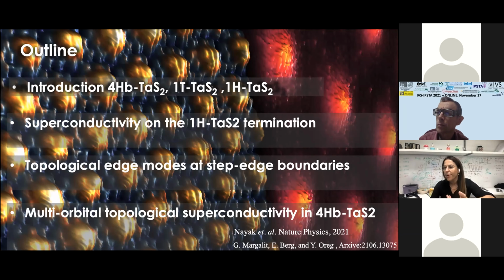Probably I won't have time to go to the theoretical model that captures all this phenomenology in a model for multi-orbital topological superconductivity in the 4Hb, but you will be able to read about it in these two papers, one of which was just published one week ago.